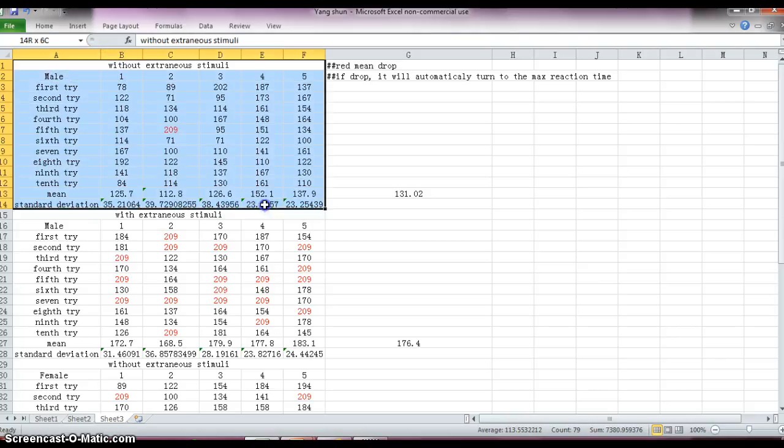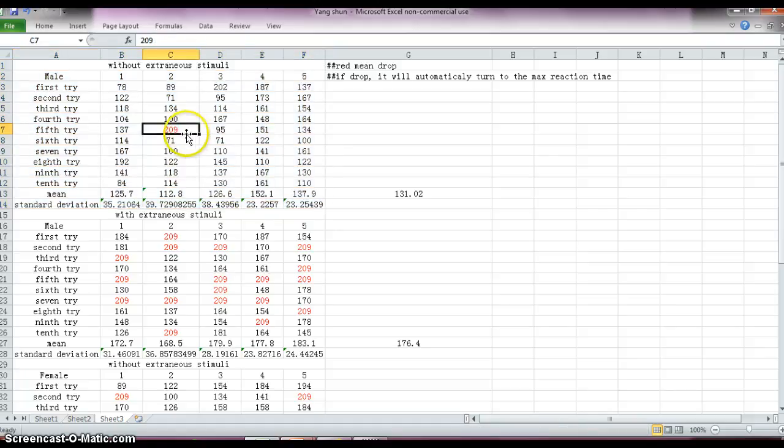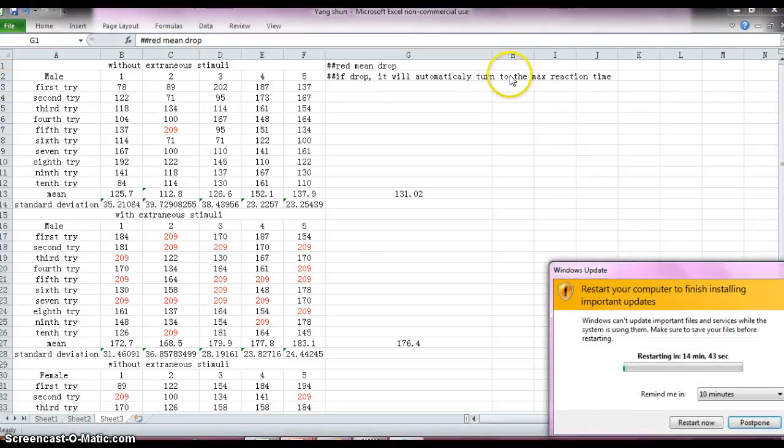So this table is the males without the stimuli. You can see some people did not pay attention, so they dropped the strip the first time. Like I said, the red means a drop. If there is a drop, I automatically turn it to the max reaction time.